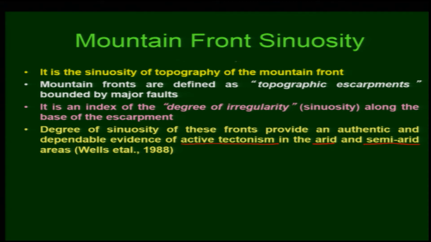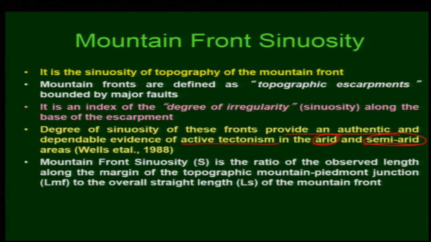So, the technique we are using, mountain fronts to identify tectonic activity, usually provides very authentic results for areas with arid and semi-arid climate. Now, mountain front sinuosity is the ratio of the observed length along the margin of topographic fronts, that is the junction we term the Piedmont junction, given as LMF, to the overall straight length LS of the mountain front.